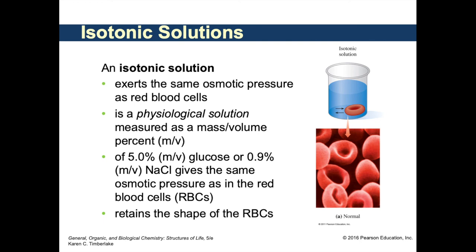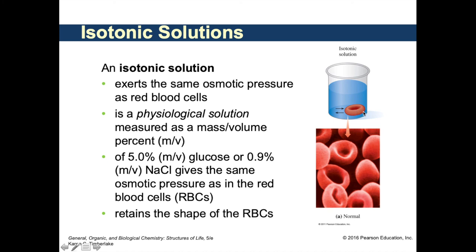If you're trying to do that with, let's say, an IV solution, the equivalent here with sugar or salt would be 5% mass per volume of glucose or 0.9% mass per volume of sodium chloride. Either one of those describes the concentration you need to have the same osmotic pressure to match your red blood cell. Now, healthy red blood cells look like this. They're kind of round with a dimple on both sides. You can't see the underside of it, but it also looks like that.